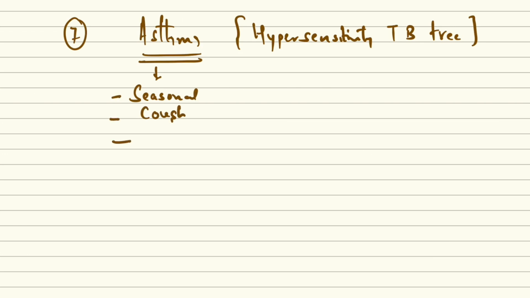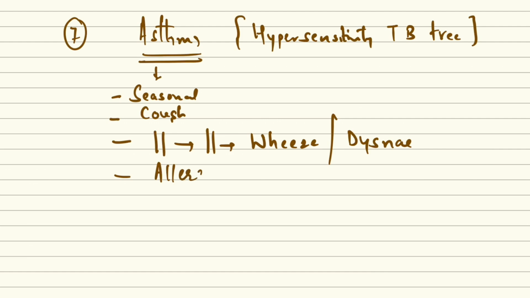Along with cough, their bronchi are constricted, because of which they have a lot of wheeze and dyspnea. They have difficulty breathing, and they also have allergy and inflammation.